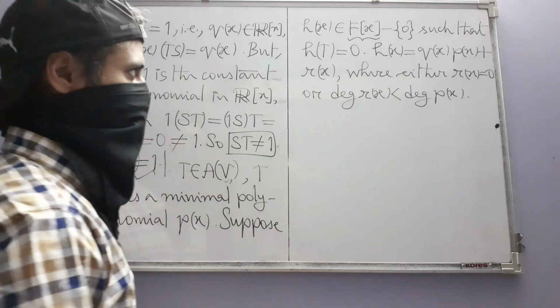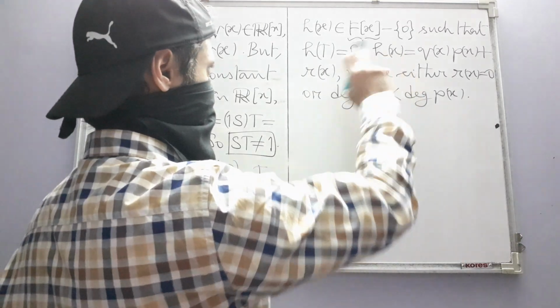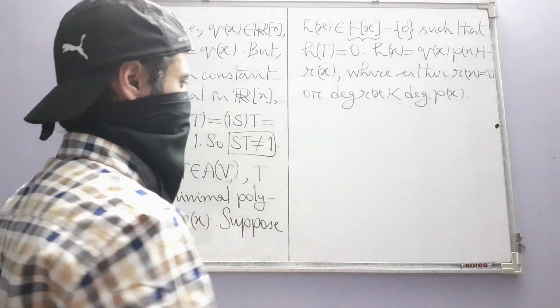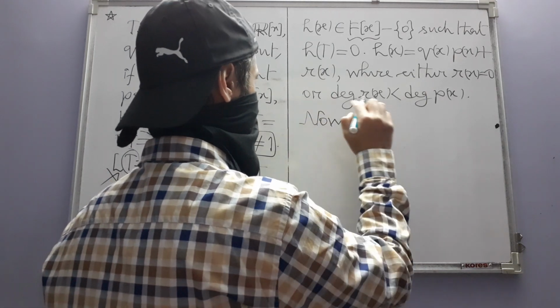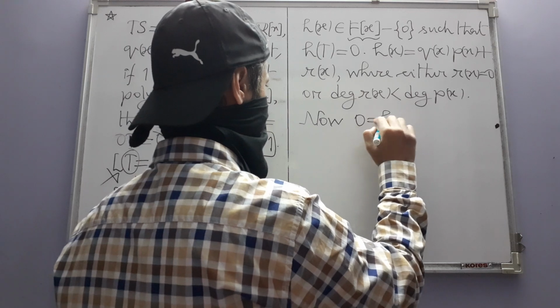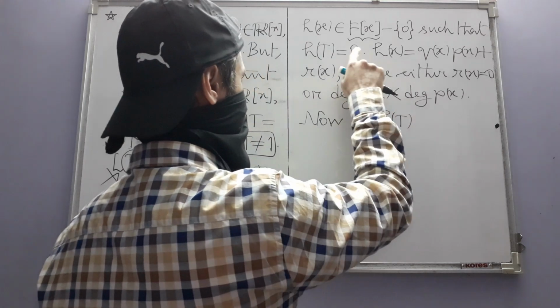Alright, now let us see what we get if we replace x by T. Obviously h of T is 0.